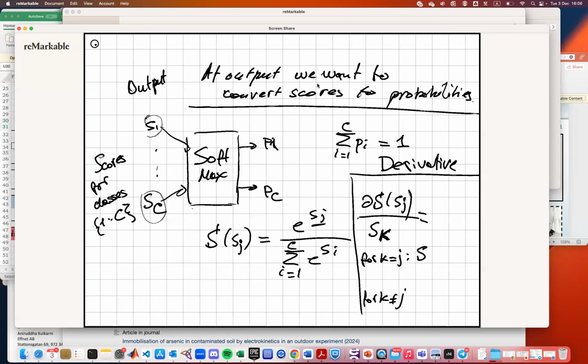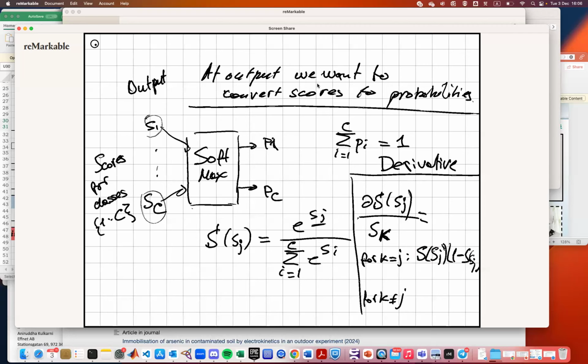And in this case, it is Sj. So basically the output times 1 minus Sj.